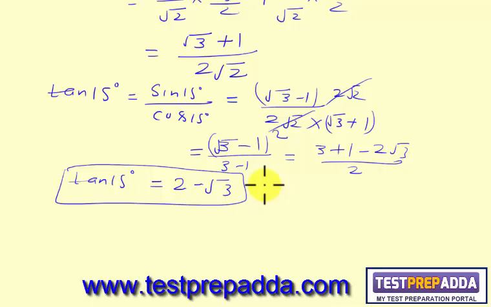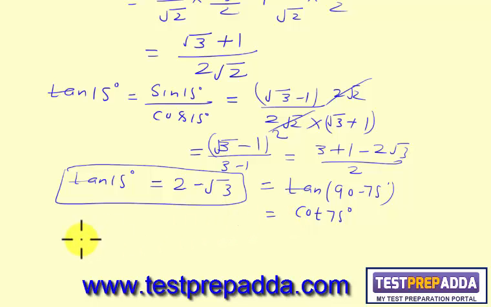And tan 15 degree actually can be written as tan 90 minus 75. And tan 90 minus theta is what? Cot theta. And since 90 minus theta lies in the first quadrant, this tan will be positive. All trigonometric functions are positive in the first quadrant.